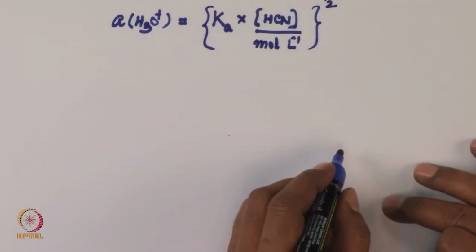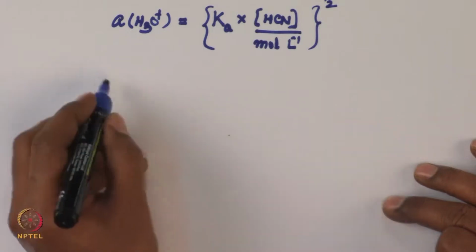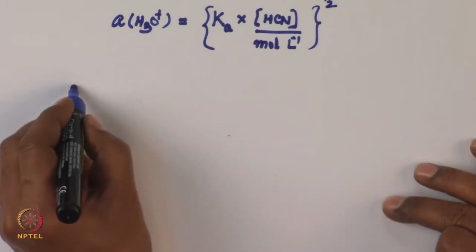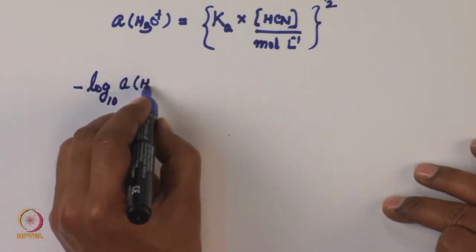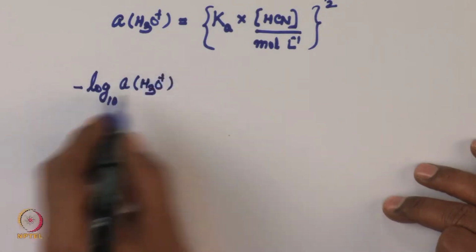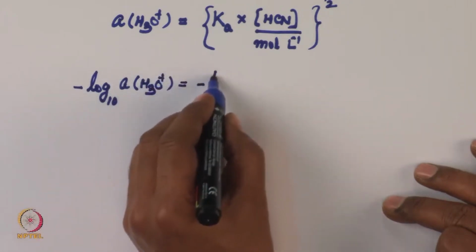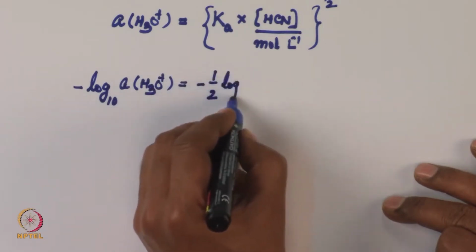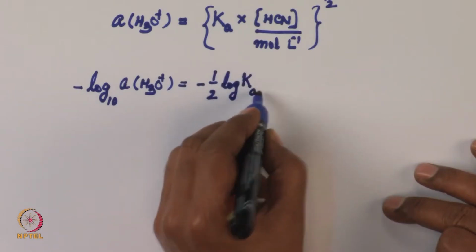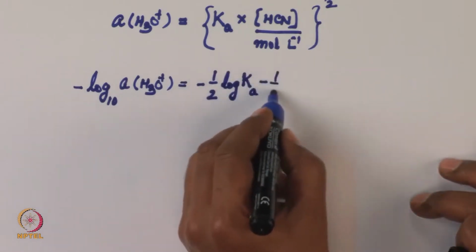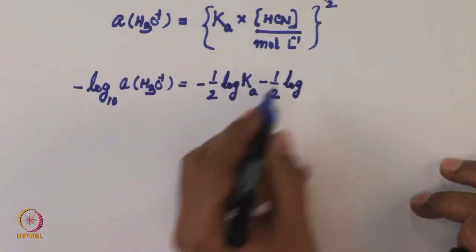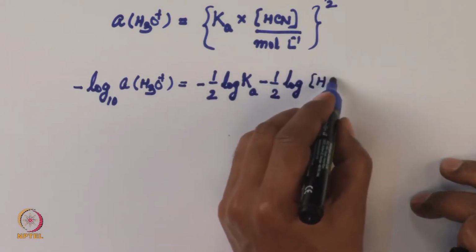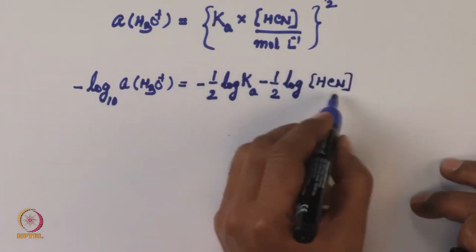and pH will be minus logarithm of hydrogen ion activity or hydronium ion activity. So, let me directly use that, minus log 10 activity of H3O plus will be equal to minus 1/2 log Ka minus 1 by 2 log concentration of HCN, and of course, you divide by mole per liter.